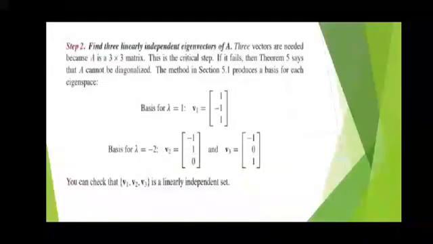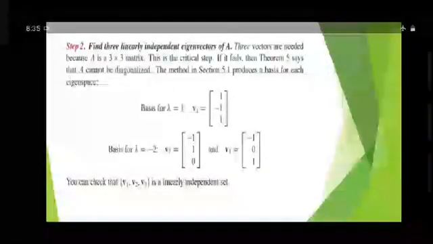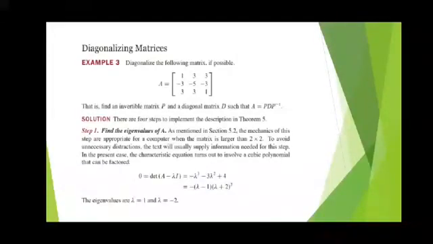Now we have to calculate the eigenvectors for the corresponding eigenvalues. Now we take lambda equal to 1. We know that first we have to calculate the eigenvectors. For that we take A minus lambda I of x.